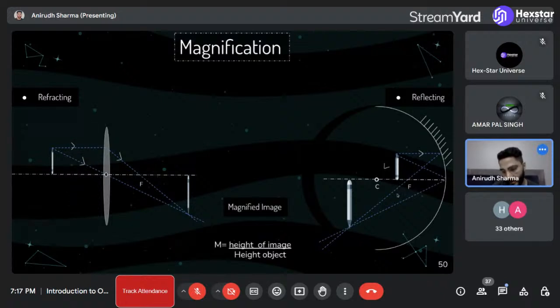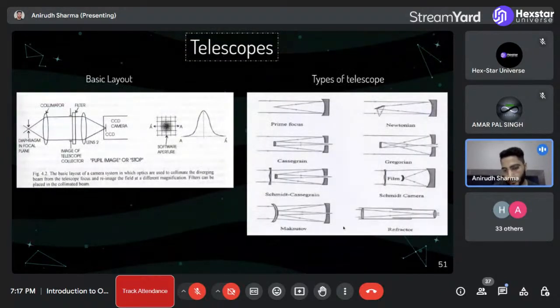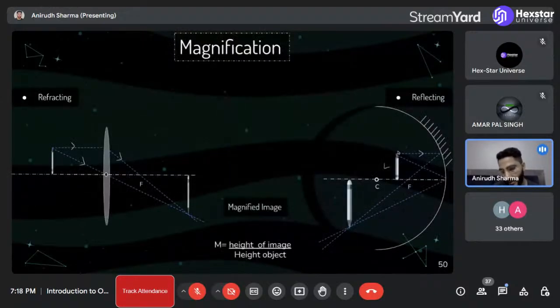We can draw a ray parallel to the radius line going towards the mirror, which would obviously go through the focus. And then there is another law, that if you send a light ray at the radial line, or at the point which is at the center of the entire mirror.